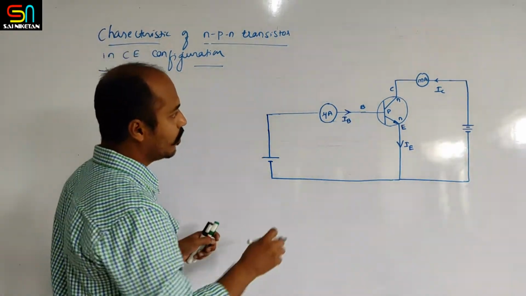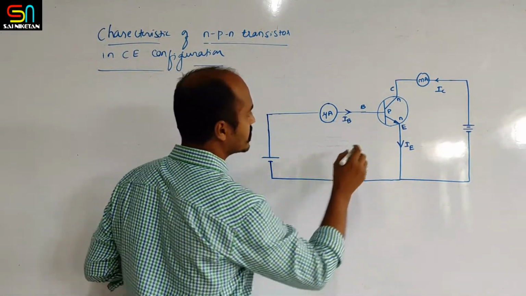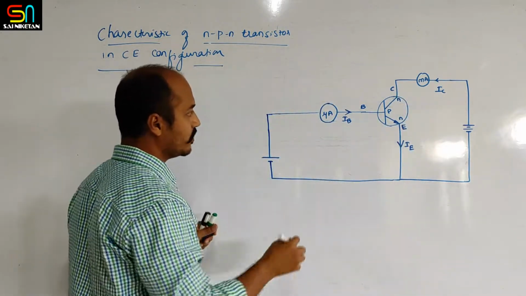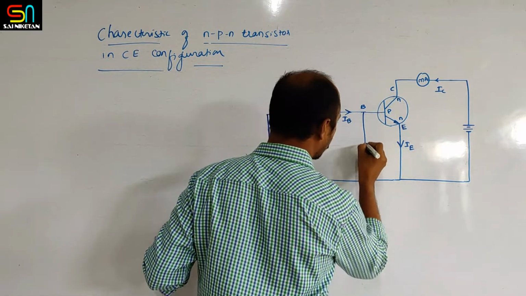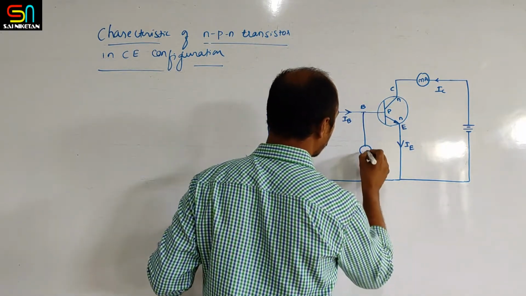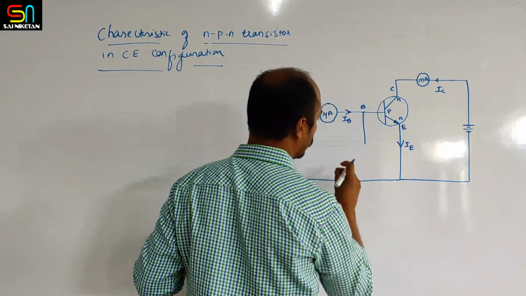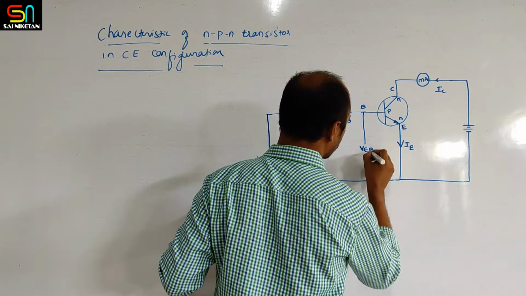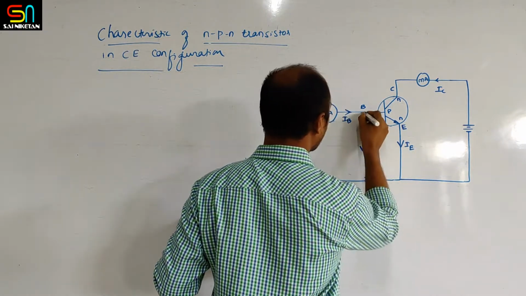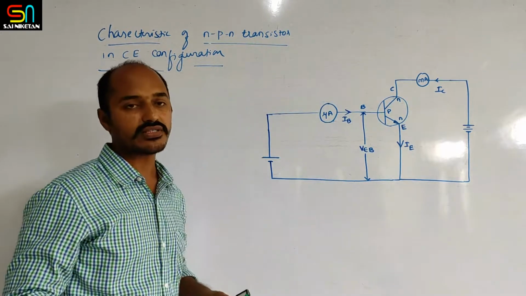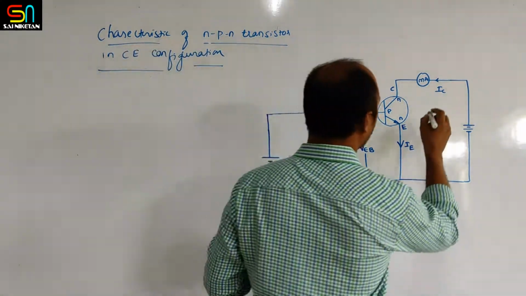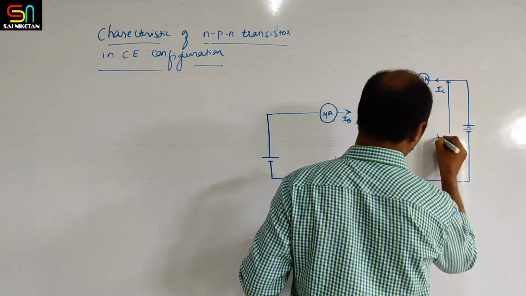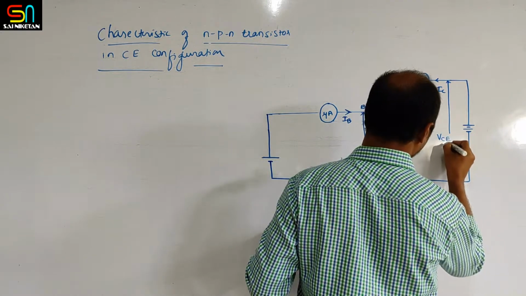We have to measure the voltage across the emitter base junction as well as the voltage across the collector and emitter junction, so we put a voltmeter here, which measures the voltage VEB across the base emitter junction, and whatever voltage you measure here gives the voltage VCE across the collector emitter junction.